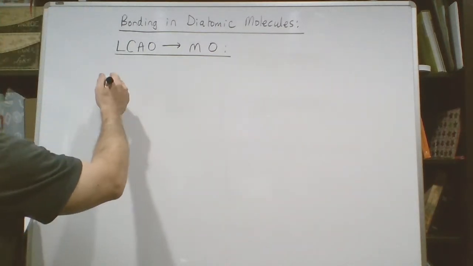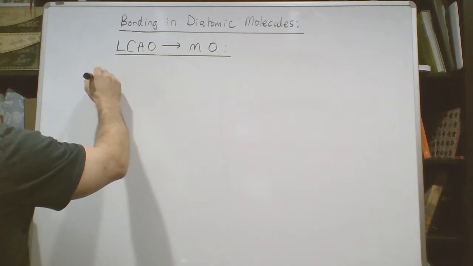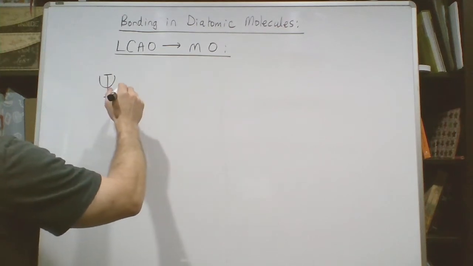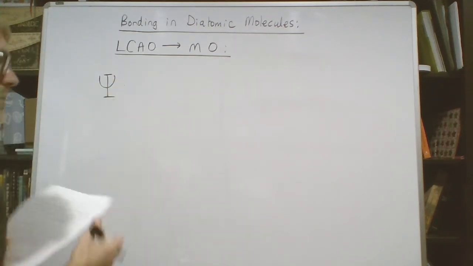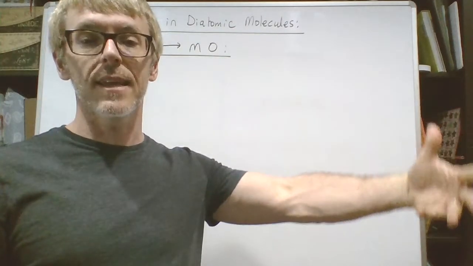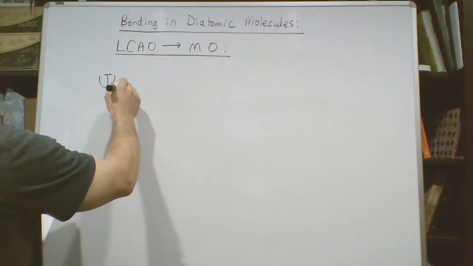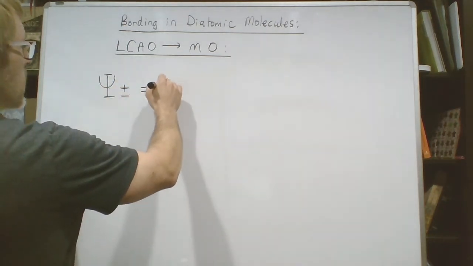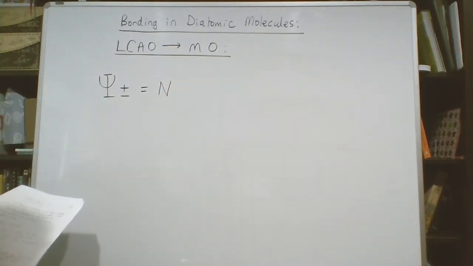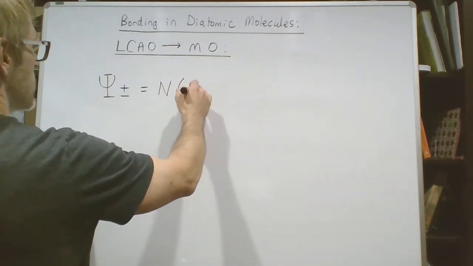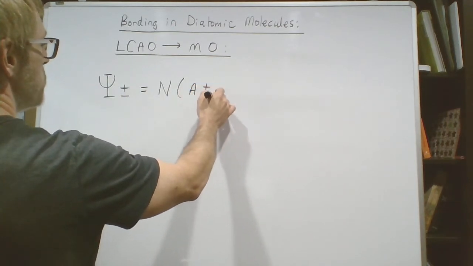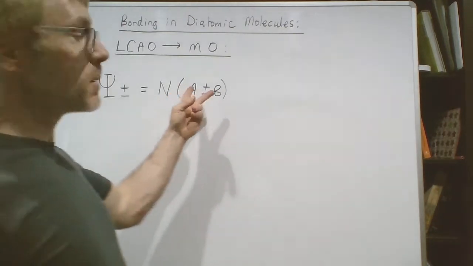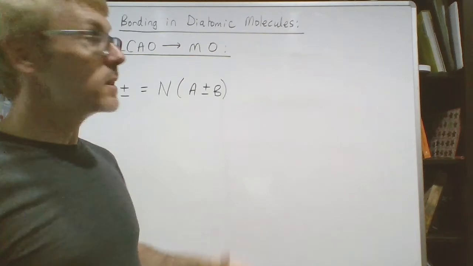So to put that in a general form, but to extend it now into a more powerful theory, the wave function psi can actually be positive or negative, and we'll see why. It's going to be a coefficient N times a plus or minus b, where a and b could be the same, but a and b can also be different.